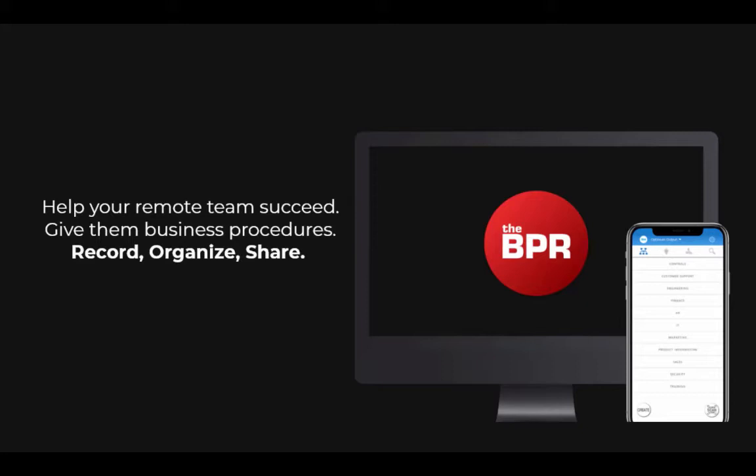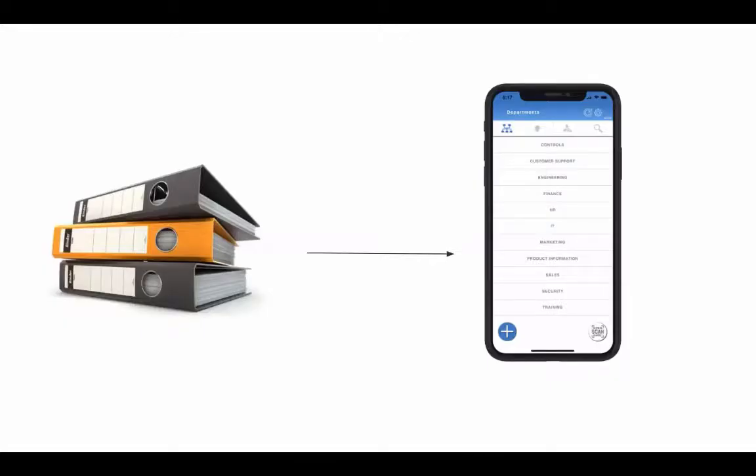Caitlin is going to show you how the BPR helps us go from that old paradigm of binders or heavy documents, whether physical or digital, into this new paradigm of a SOP library. The BPR is a searchable SOP library that makes it easy to record and organize and share your information. It's simple, it's fast, and it's secure.